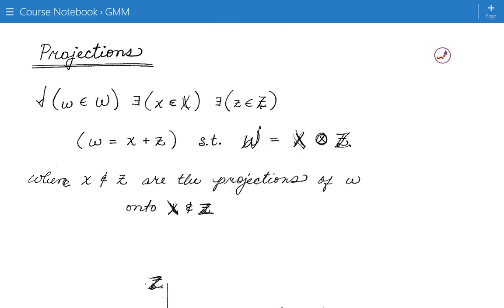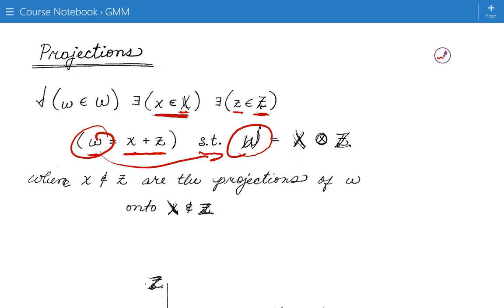So here, for all vectors X in a vector space X and all Z's in the vector space Z, we can describe a vector W as equal to the sum of X and Z, such that the space that W is an element of is equal to the product of the two spaces X and Z. Well, I guess we didn't specify they're orthogonal at the moment, but the two spaces.